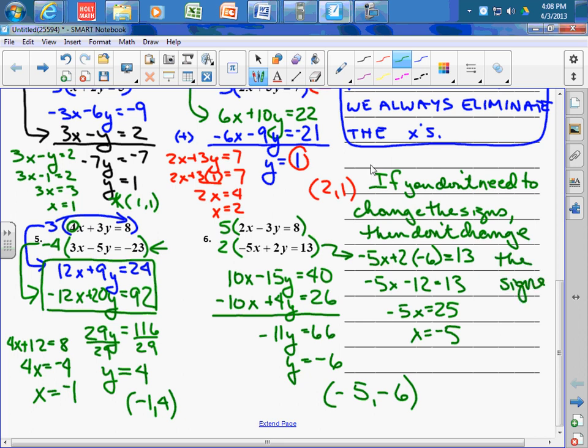In other words, you don't need to multiply by a negative. You only want to multiply by a negative if you need to change a sign. We already have one positive, one negative here, so we don't need to change the sign, so you don't multiply by the negative. And you get, again, negative 5, negative 6.